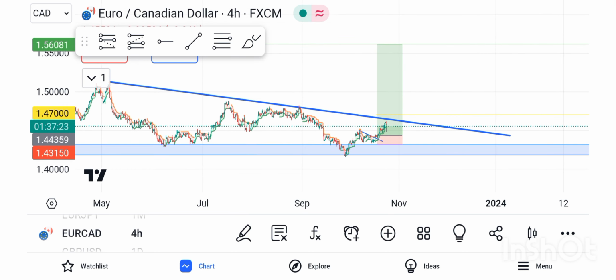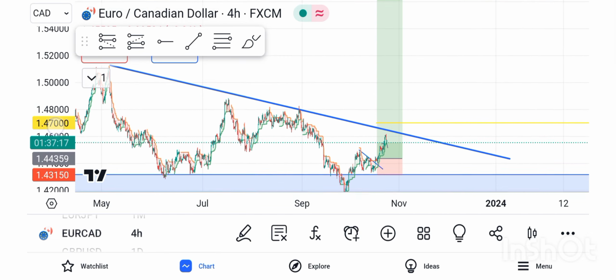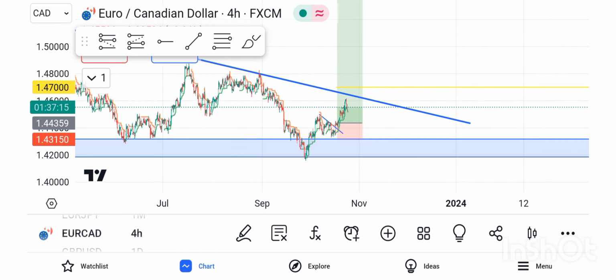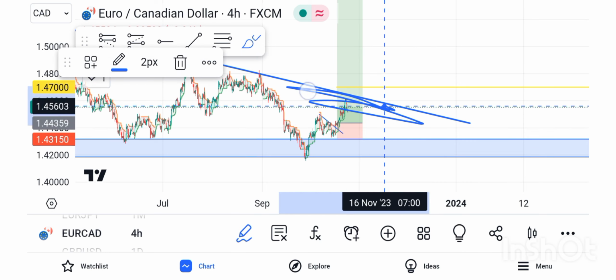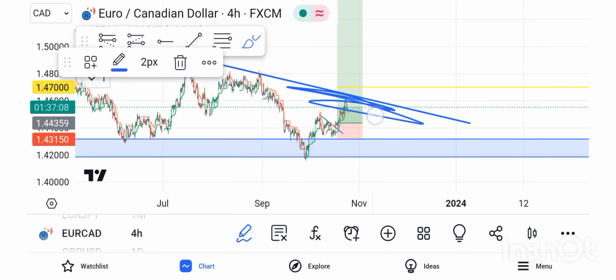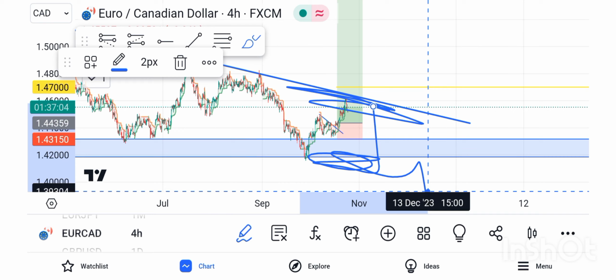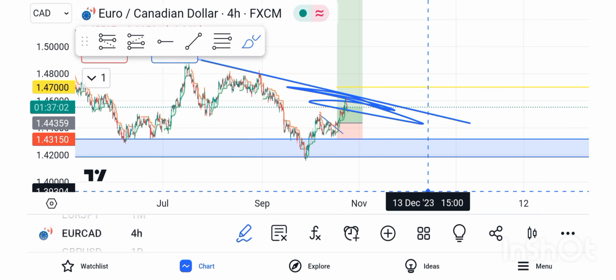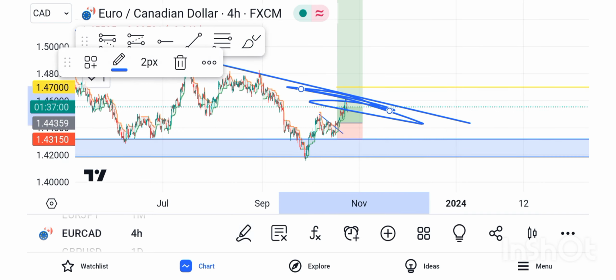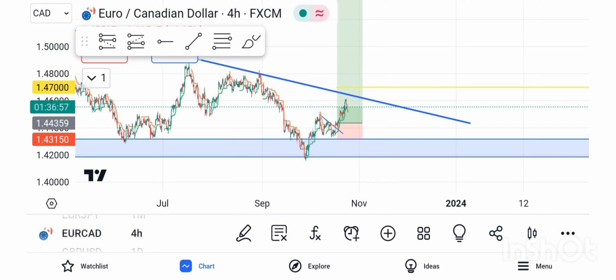Remember, we noticed a head and shoulder pattern at the weekly time frame. So if the price is unable to break this trend line, most likely it's going to break this neckline and then retest and sell. Most likely that's what's going to happen, so we'll have that at the back of our minds.